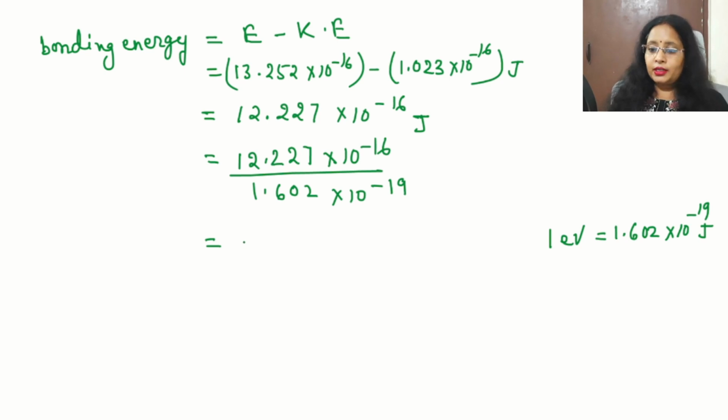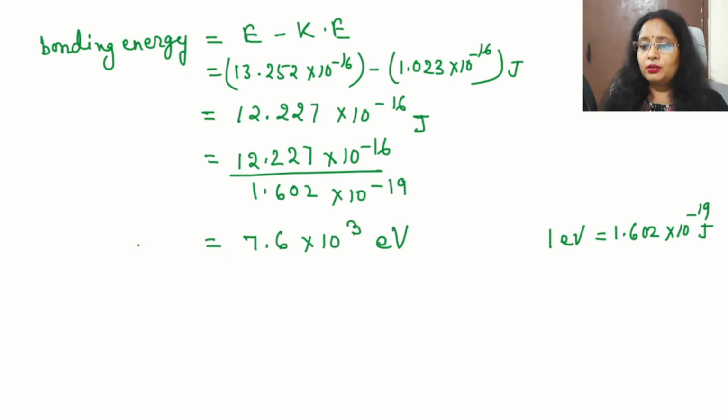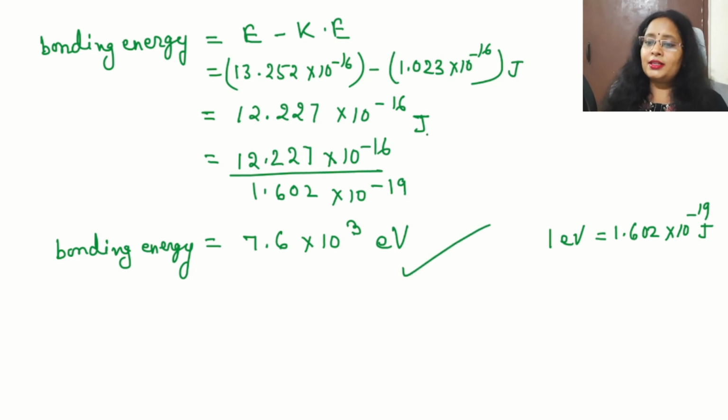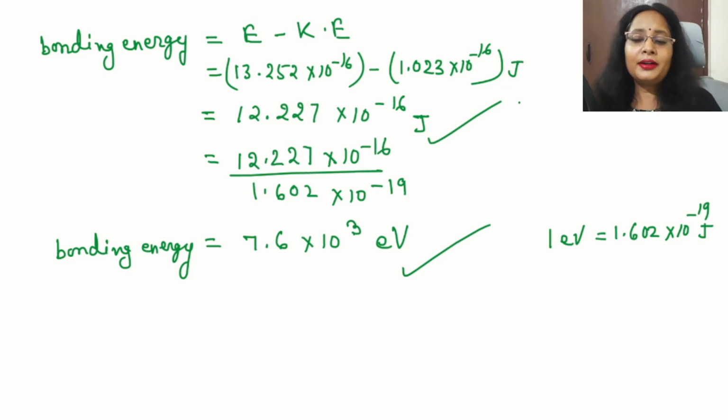After doing the division, we get the value 7.6 into 10 to the power. Now minus 19 goes up and becomes plus 19. Plus 19 minus 16 becomes plus 3. The unit will be electron volt. Again, this is the bonding energy. So this is also a correct answer and this is also a correct answer. We can write any answer depending on time. If we have time, we can go till electron volt. If we don't have time in the exam, we can stop at joule.